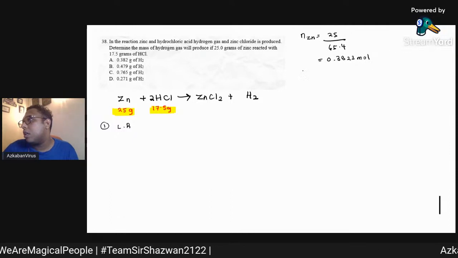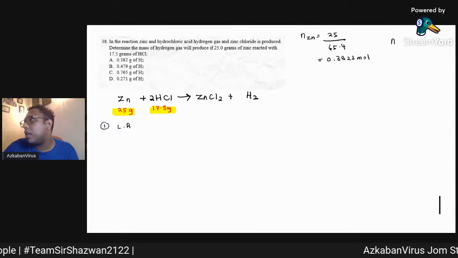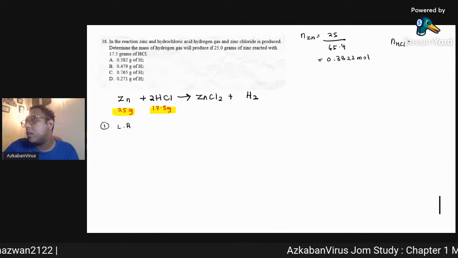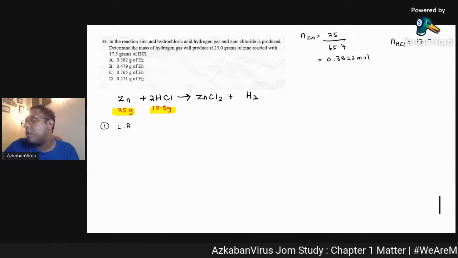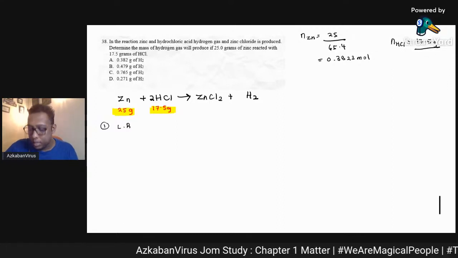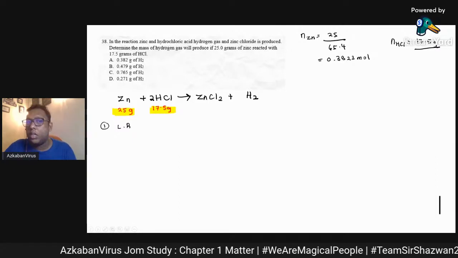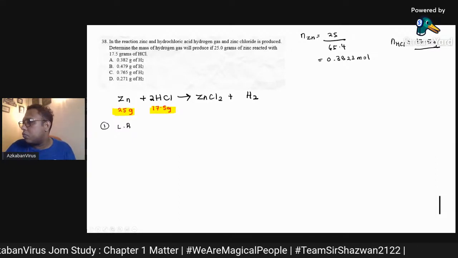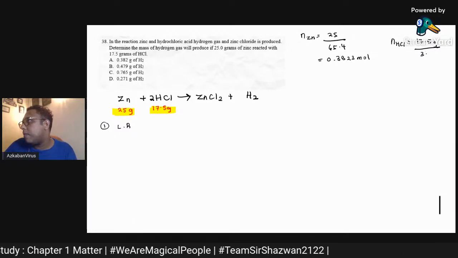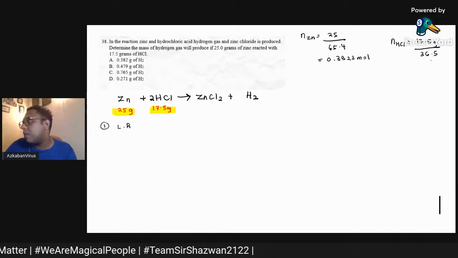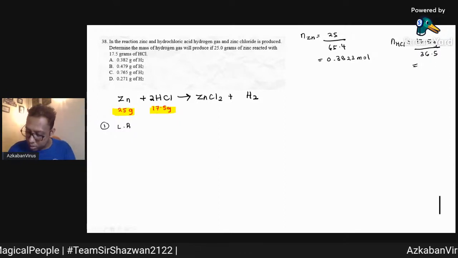And kita ada n HCl is equal to 17.5 gram bahagi dengan 36.5.